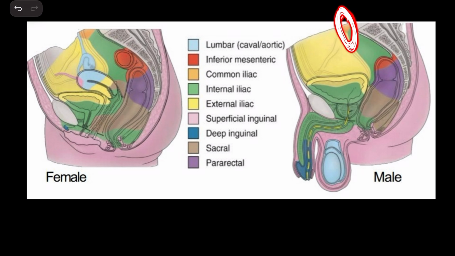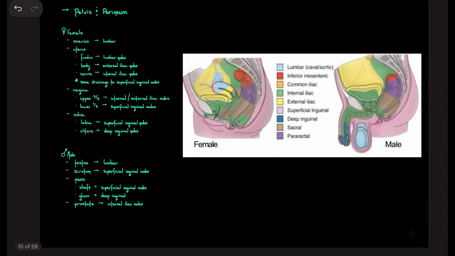And then a fun embryological thing called the gubernaculum. The gubernaculum, it's a strap of connective tissue. As development occurs, that gubernaculum shortens and yoinks those testes down into the scrotum. Okay? But that's where they started. They started in the lumbar region, hence that lumbar drainage pathway. So, a cool thing there.